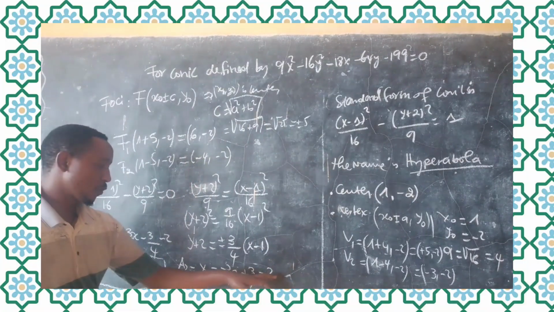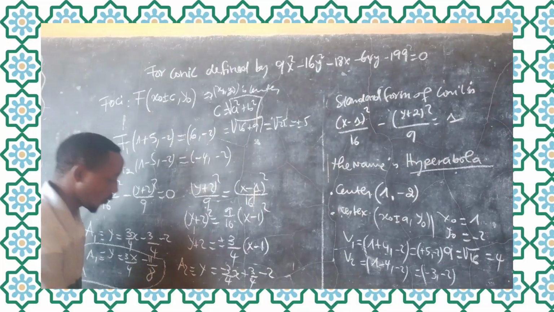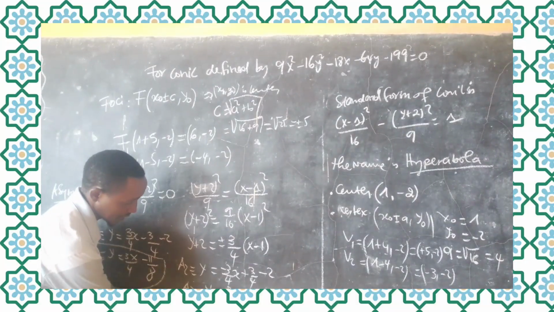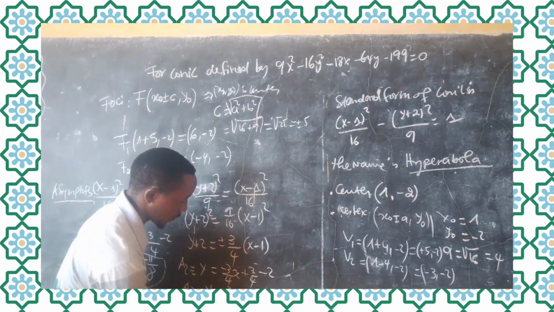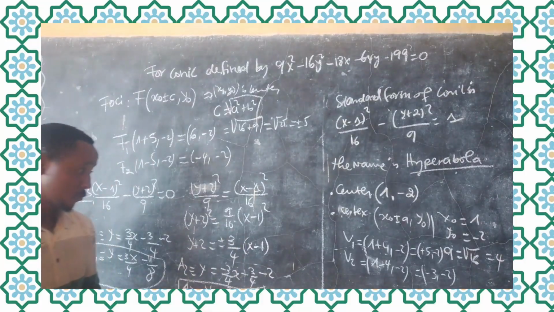When you take the common denominator for that, we get y equal to minus 3 over 4 x, then minus 5 over 4. So this is the asymptote number 2.